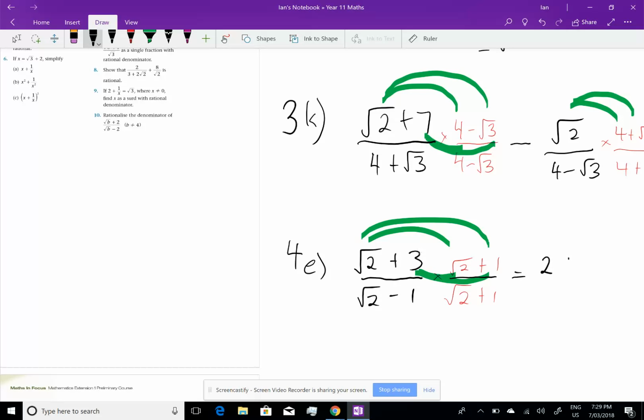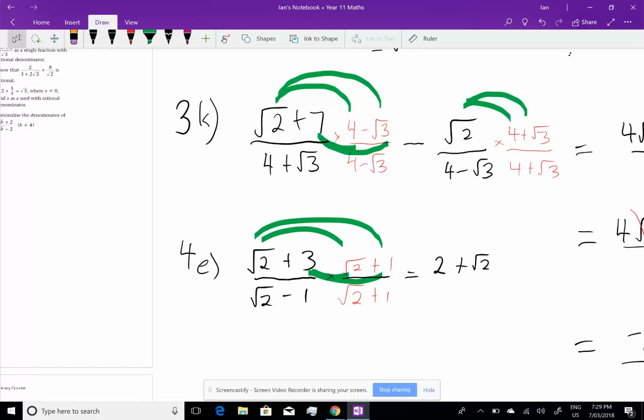Root 2 times 1, root 2. 3 times root 2, 3 root 2. 3 times 1, 3. All over, well, root 2 squared is 2. 1 squared is 1. Well, this is pretty easy.